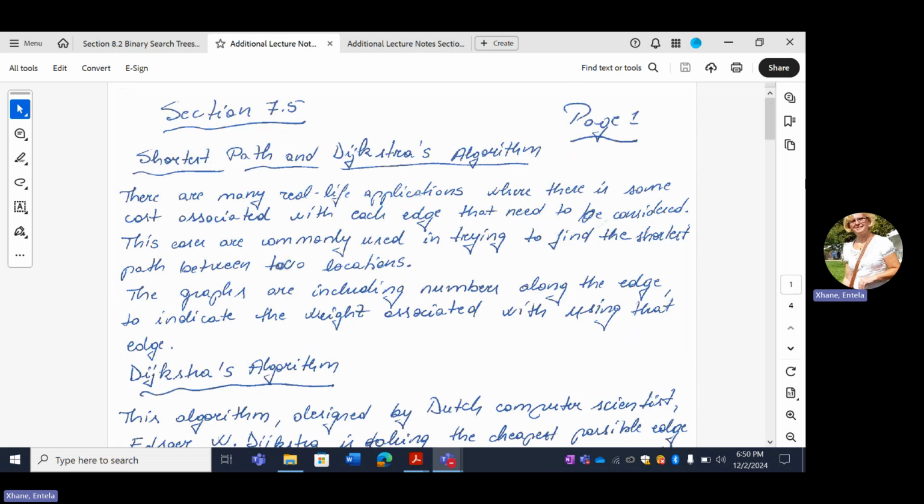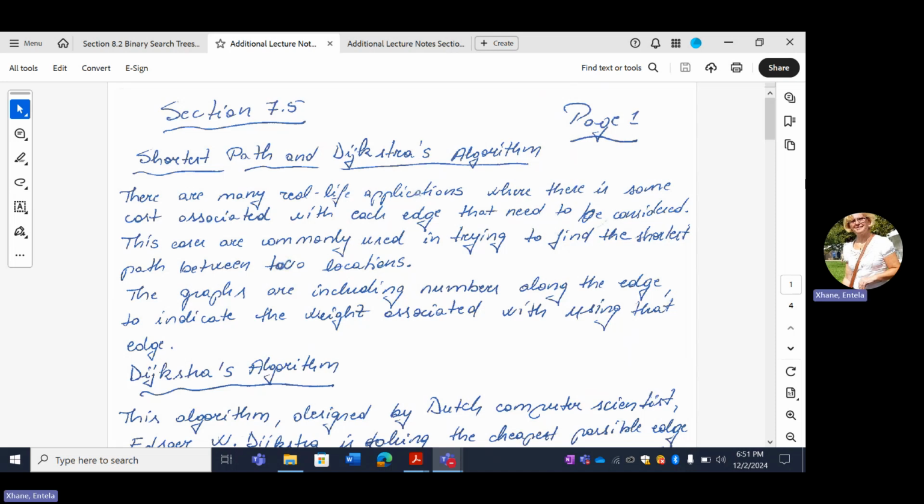You are going to see a connected graph, the vertices of the graph, and of course the edges. But what are you going to see as a new element? All the graphs include numbers along the edges. These numbers indicate the weight associated with using each of the edges. The reason we do that is that the weights allow us to determine the shortest path.